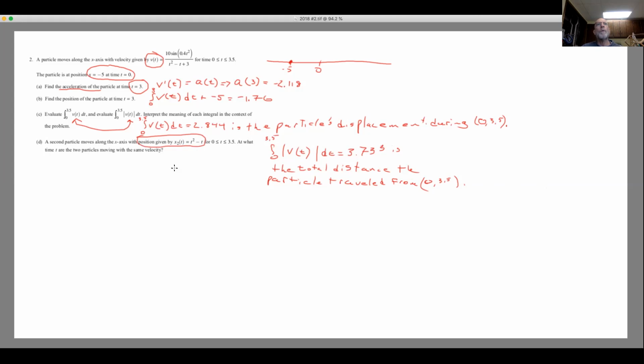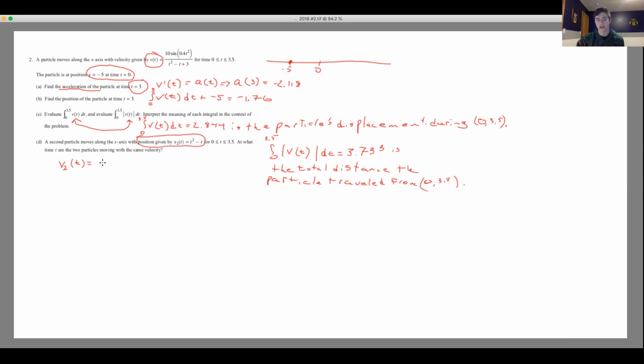So how do I figure out when they're moving with the same velocity? You just take the derivative of x of 2 of t, and then, is it an easy velocity to figure out?